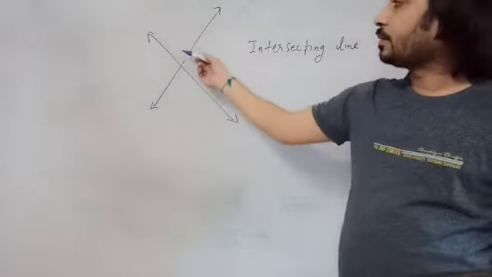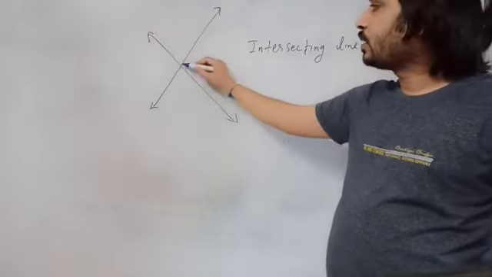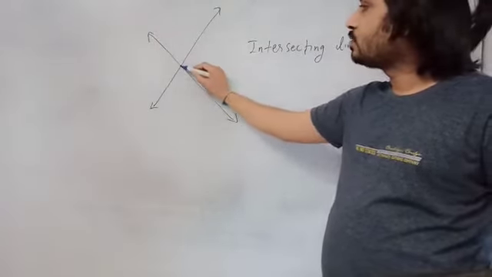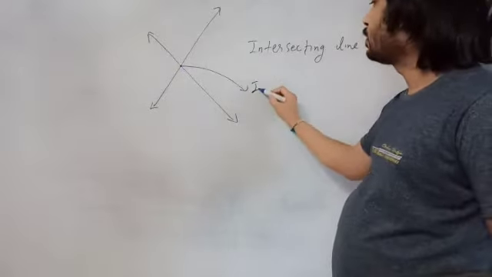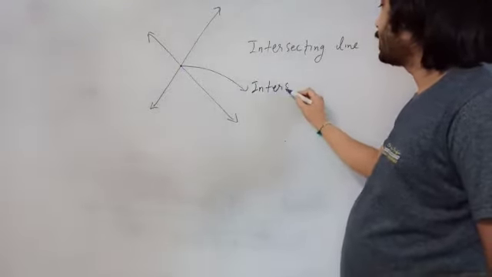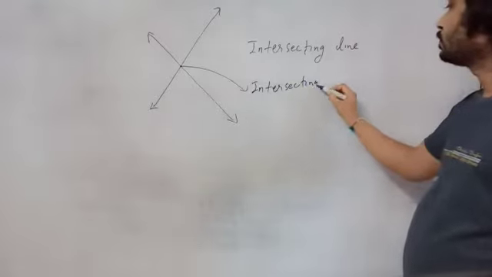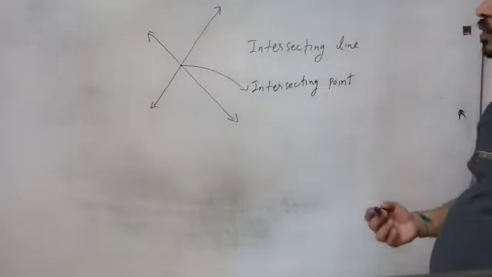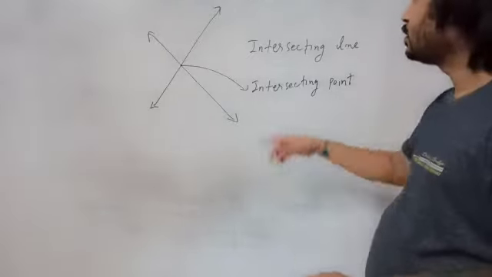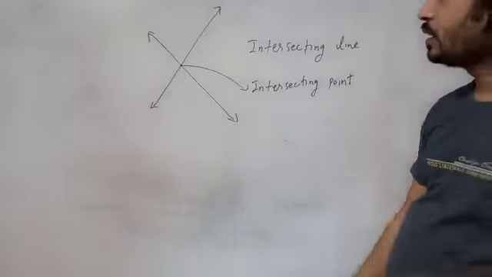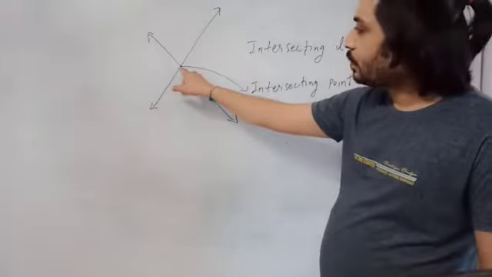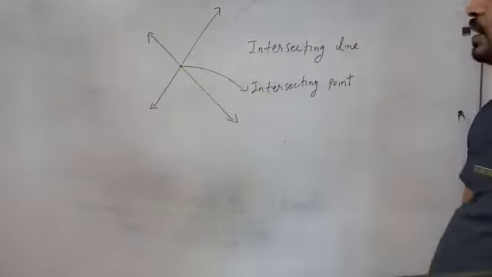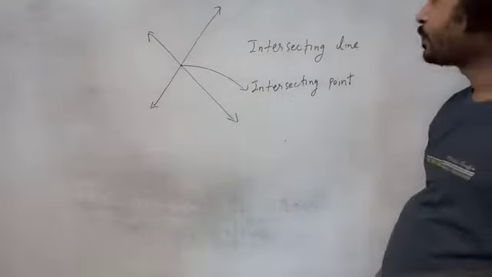When the two lines meet at one point, that point is known as the intersecting point. So when two lines cross each other, they are known as intersecting lines. When these two lines meet at a point, that point is known as the intersecting point.